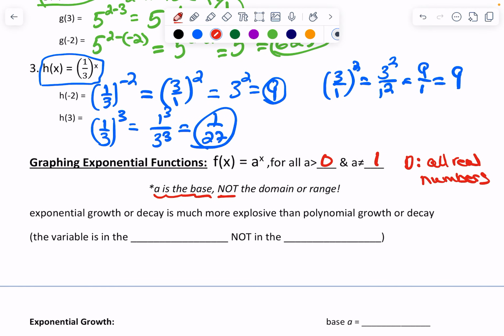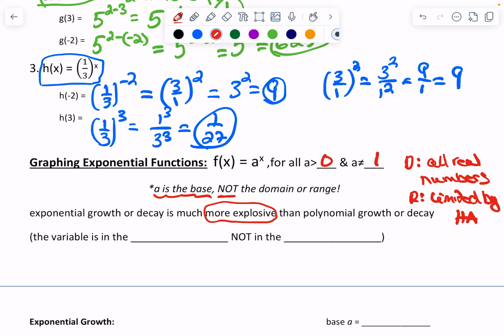The range will be limited by the horizontal asymptote. So that will depend on the function. Now, exponential growth or decay is much more explosive than polynomial growth or decay.